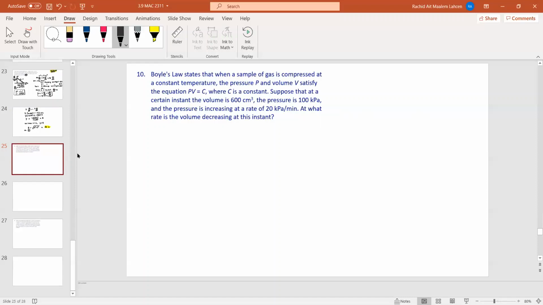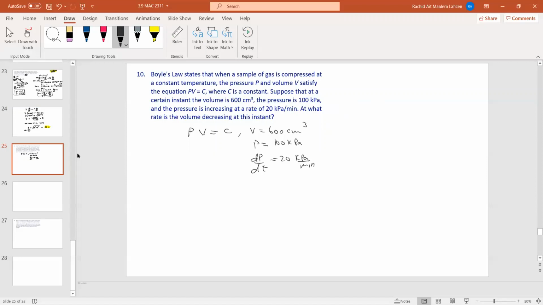At what rate is the volume decreasing at this instant? All right. So the governing equation is given, right? PV equals C. We're given the volume, the pressure, and the rate for the pressure.